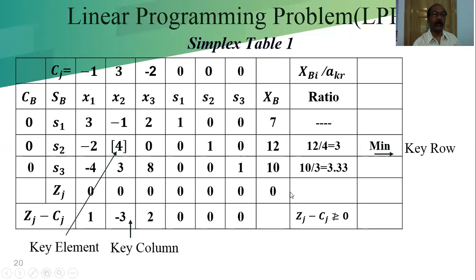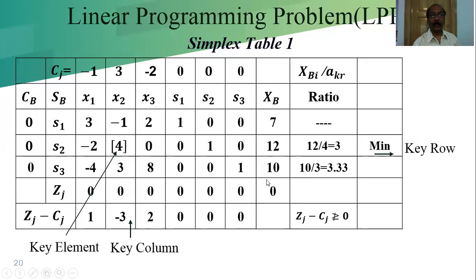Now zj minus cj: 0 minus of minus 1 is 1, 0 minus 3 is minus 3, 0 minus of minus 2 is 2, and 0 minus 0 is 0 for each slack variable. And 0 into all the XB gives 0, so in the first iterative table the Z value is 0.